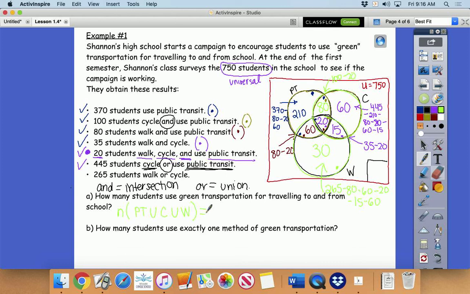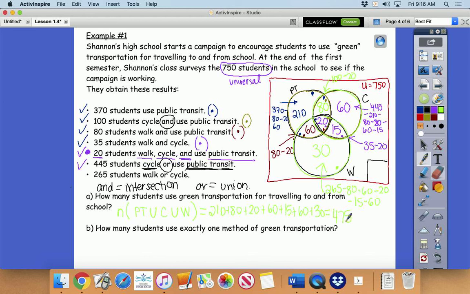If you were to add up all these numbers that we filled in, 210 plus 80 plus 20 plus 60 plus 15 plus the other 60 plus 30, you should get that the answer is 475. So there are 475 students that are in this Venn diagram, in the circle part only.